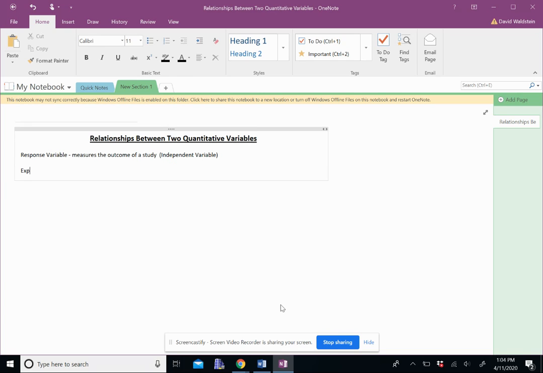Then we have what's called our explanatory variable. And what the explanatory variable does is it helps us make predictions. So it may help predict or explain changes in a response variable.